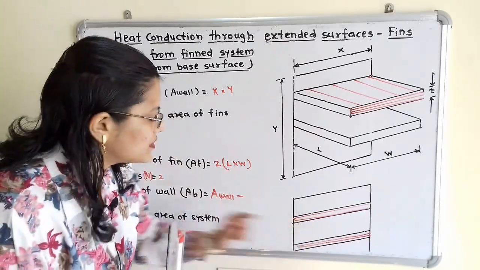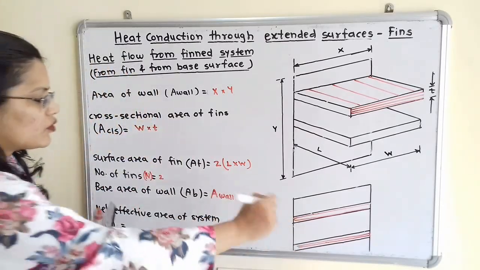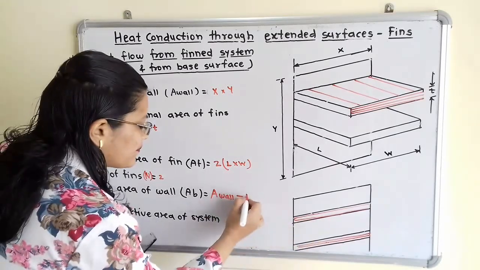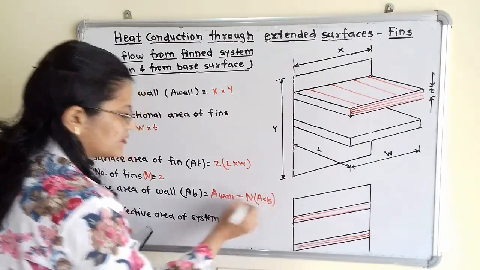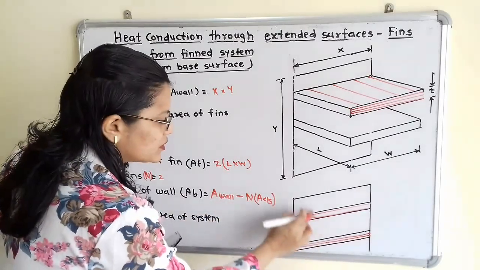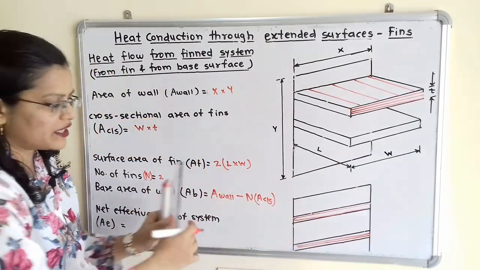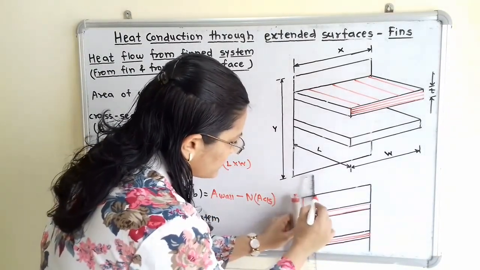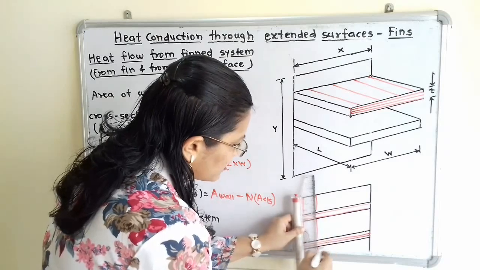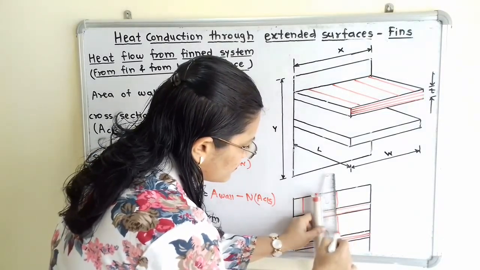So N multiplied by cross sectional area of the fins. This remaining portion is known as the bare area. I will highlight it here with the help of these vertical lines. This is the bare area of the wall.